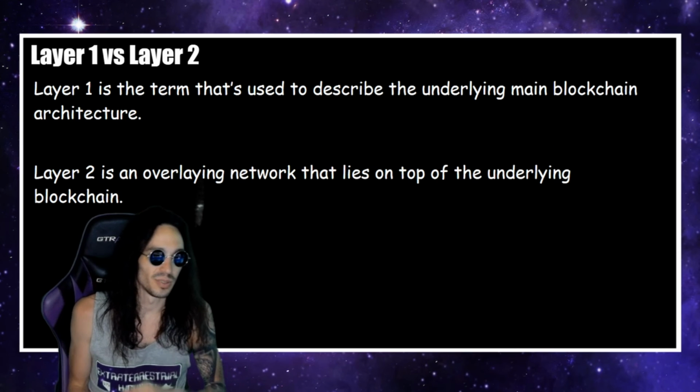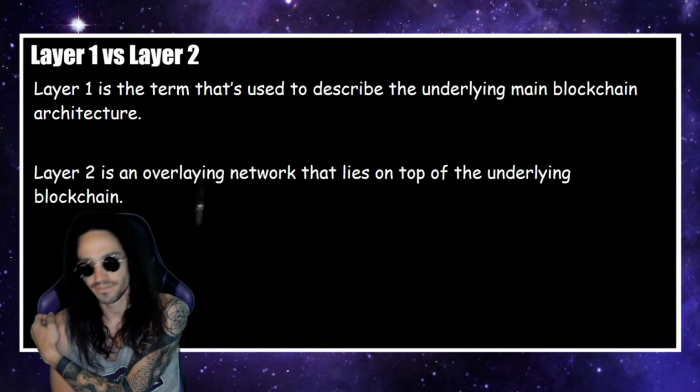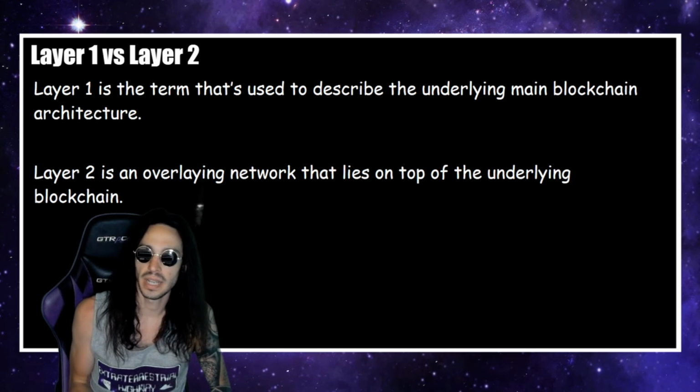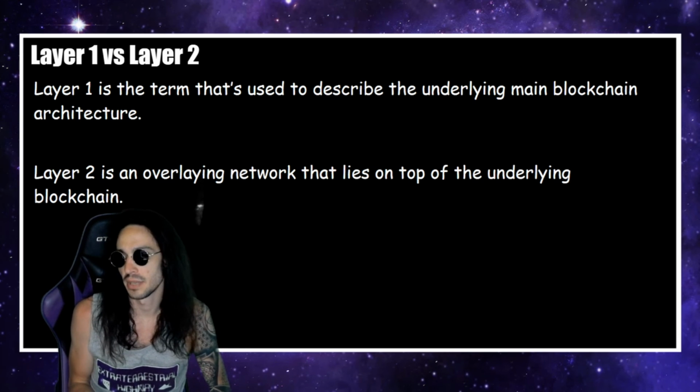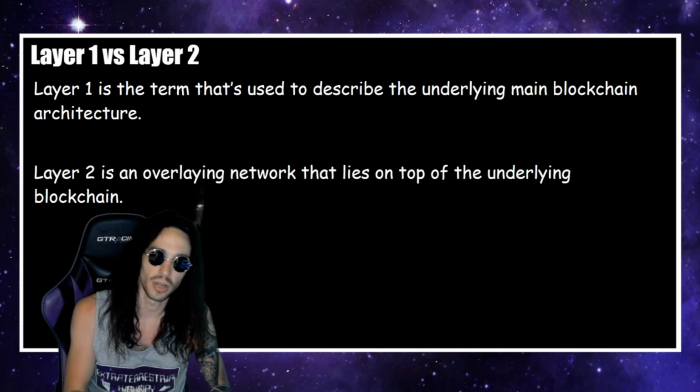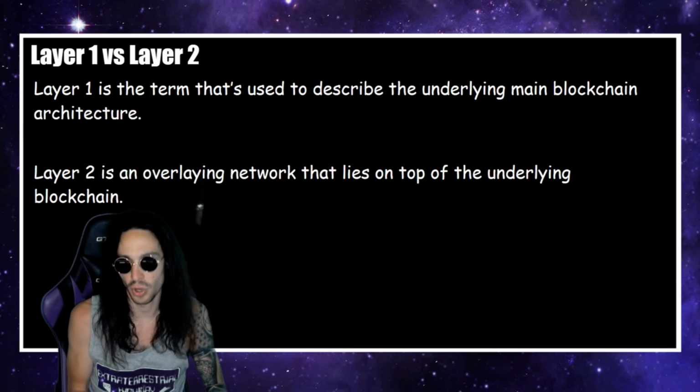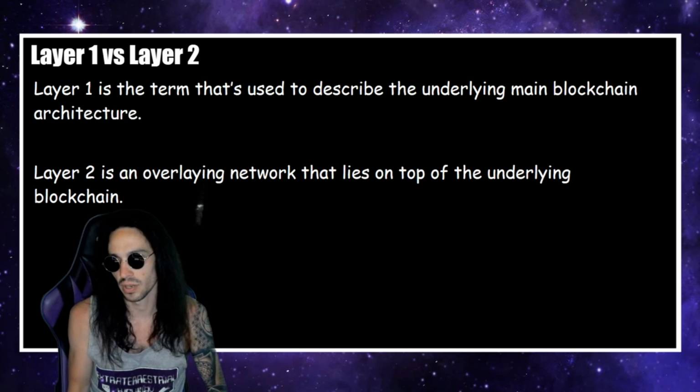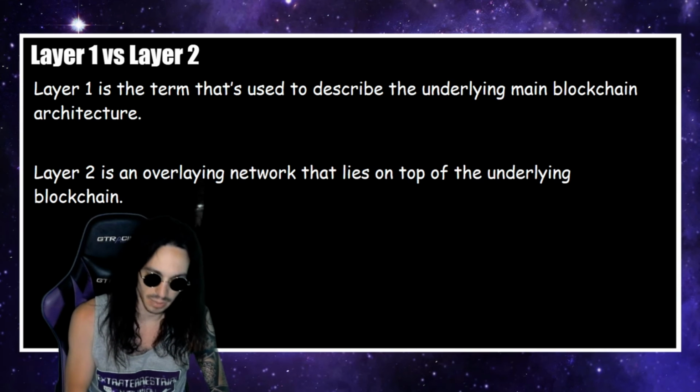Now we're going to move on to layer 1 versus layer 2. Layer 1 is the term that's used to describe the underlying main blockchain architecture, whereas layer 2 is an overlaying network that lies on top of the underlying blockchain.